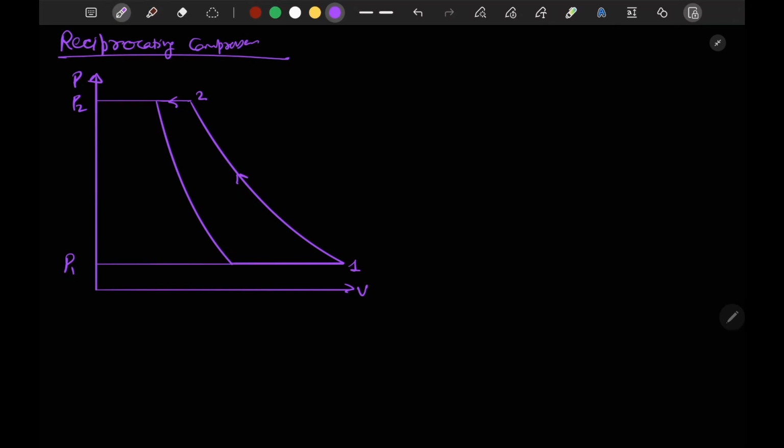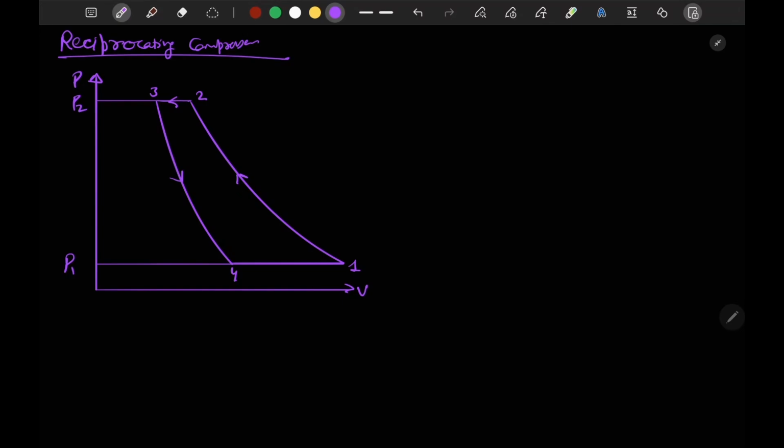Now from 3 to 4 will be our expansion process.